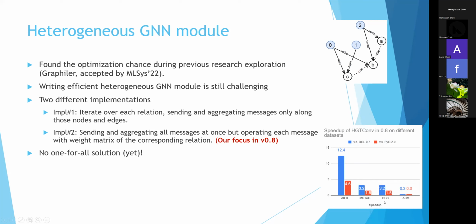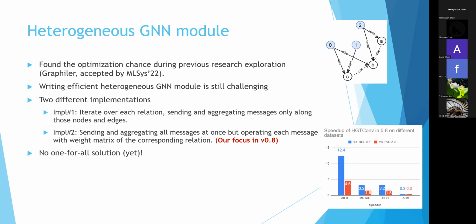For certain types of datasets, especially those with many relations, it has good performance. It is very fast, with speedup over 0.7, our own implementation, and also PyG. But for some other datasets, it actually has a performance regression. This is a very difficult problem to solve. Right now, there's no one-for-all solution yet.